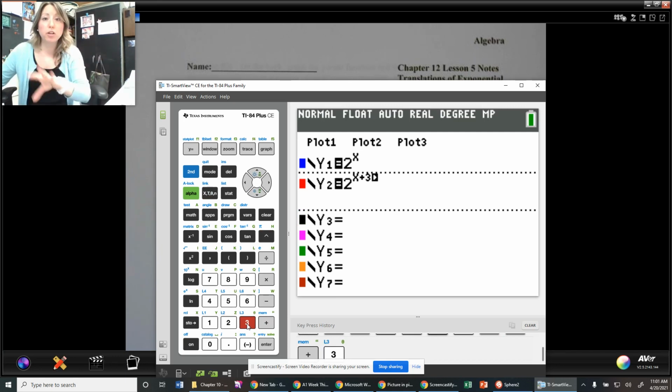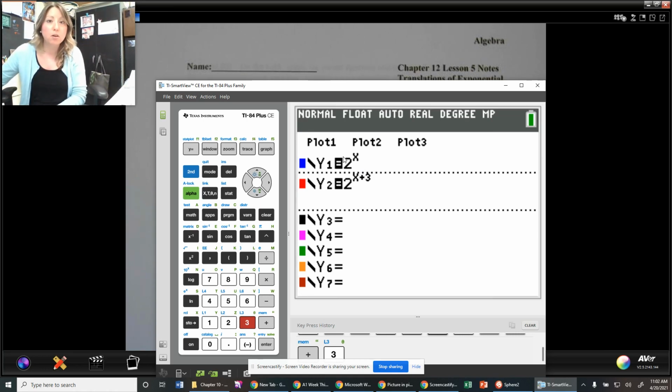I want that plus 3 in the exponent. If you're working with an old TI-83, when you press your caret button, front parenthesis, x plus 3, end parenthesis, that's how your graphing calculator will know that you want all of this to be in the exponent. And now press graph to see them.